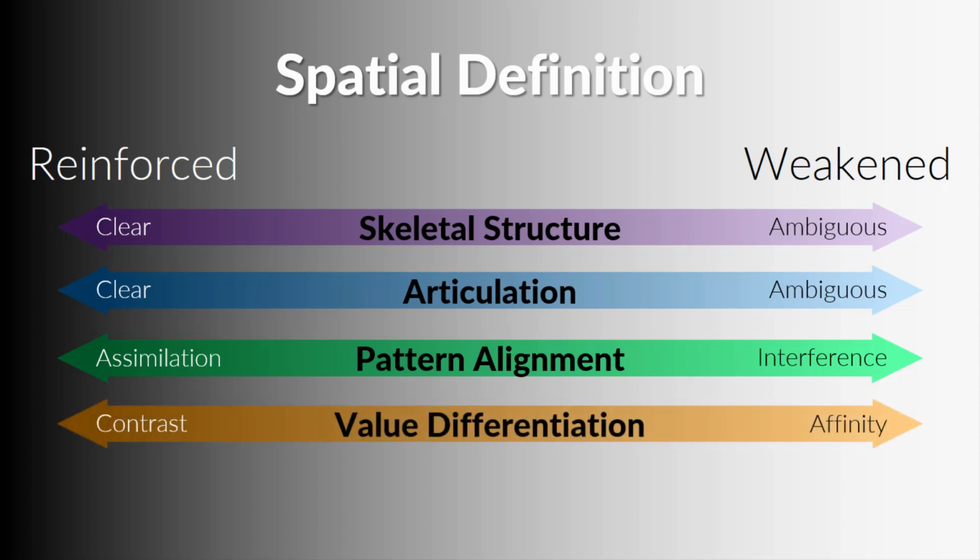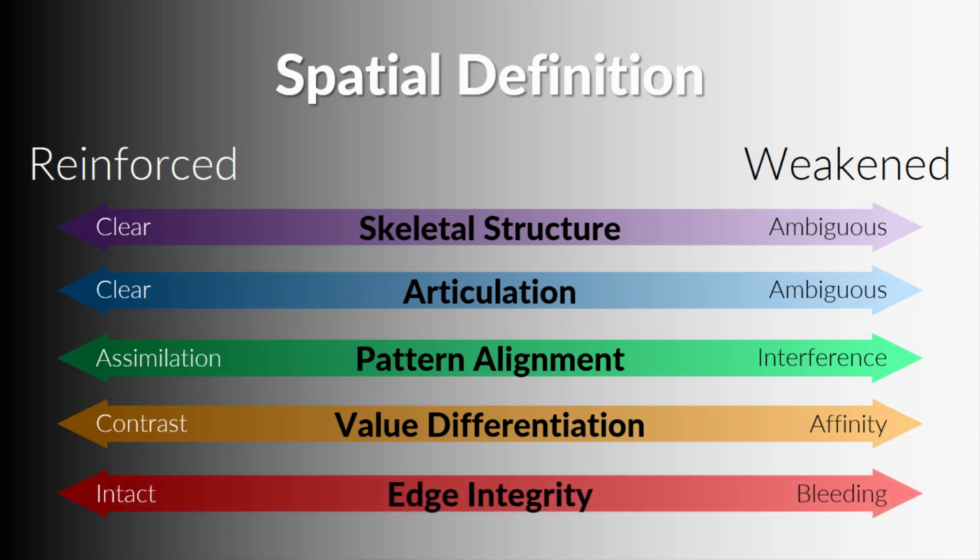Value differentiation. If you're able to create a very noticeable difference between different elements, you can see how they are different and how they interrelate. So if you were to color, for instance, one wall purple and another wall yellow, you can see very clearly how their intersection is the difference between those two colors, and it creates a much stronger sense of the overall whole.